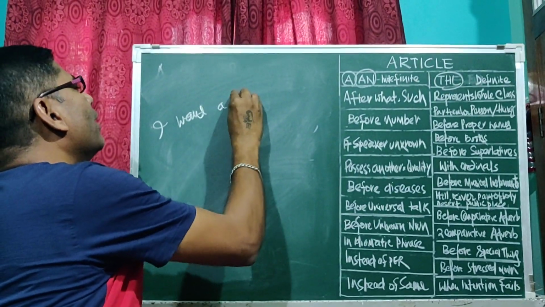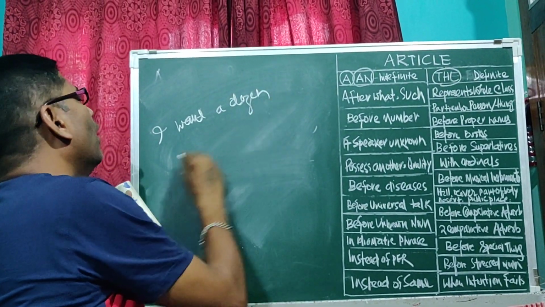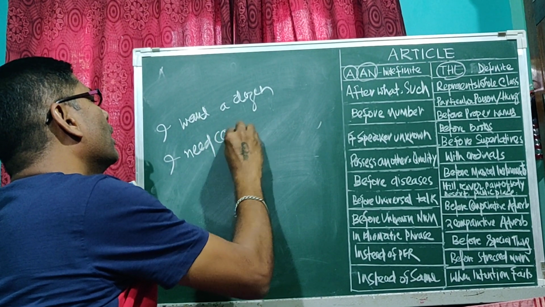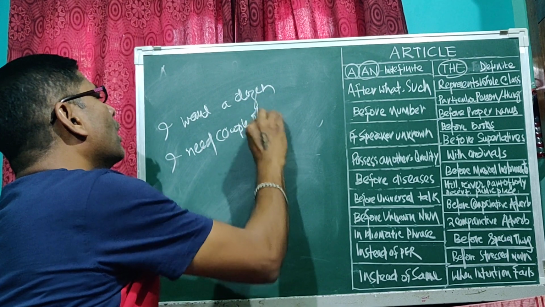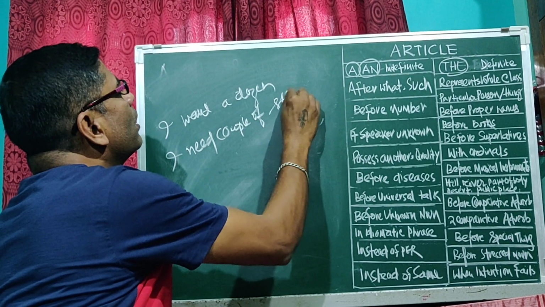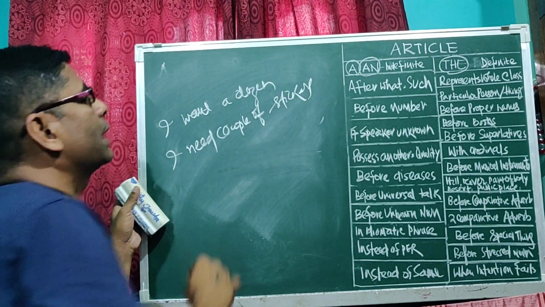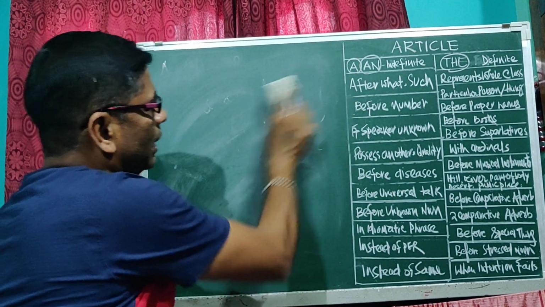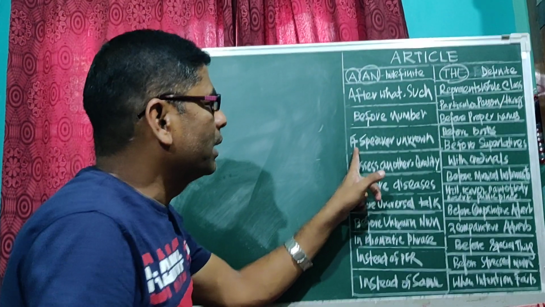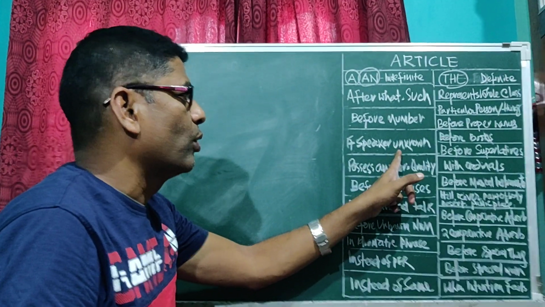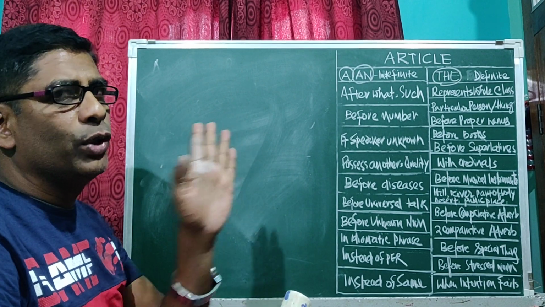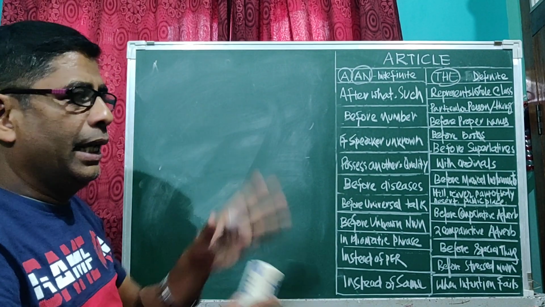I want a dozen. Or I need a couple of tickets. And number 3, if the person is unknown. Sometimes the person is unknown to you. At that time, you use the article A.